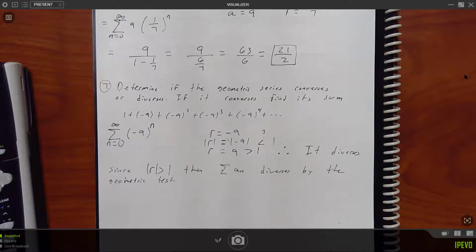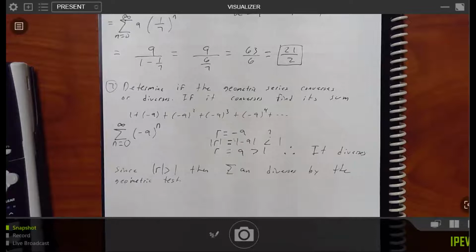Any questions on number 7? Is that all right? Number 8 is the same thing, except the R is 1/5, right?